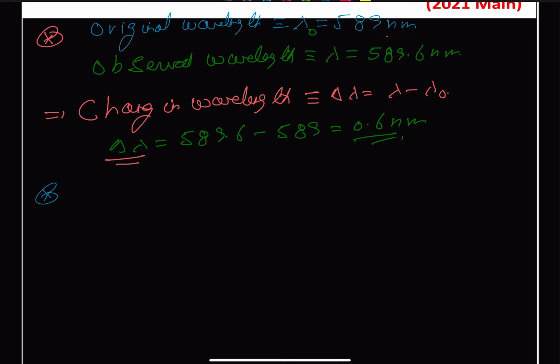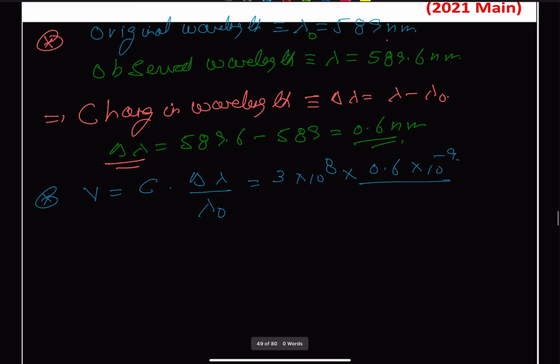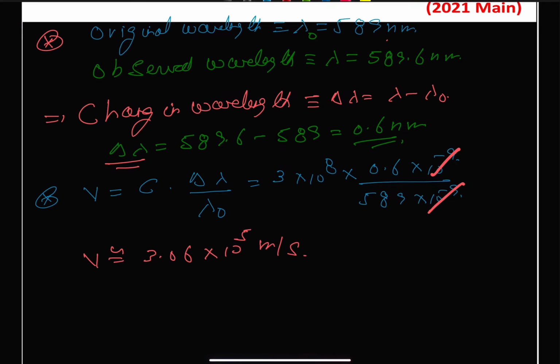We can say that velocity v is equal to c multiplied by delta lambda divided by lambda naught, and c we already know is 3 into 10 to the power 8, delta lambda is 0.6 into 10 to the power minus 9, and lambda naught is 589 into 10 to the power minus 9, and the 10 to the power minus 9 goes away, and we get that our velocity v will be approximately equal to 3.06 into 10 to the power 5 meter per second.